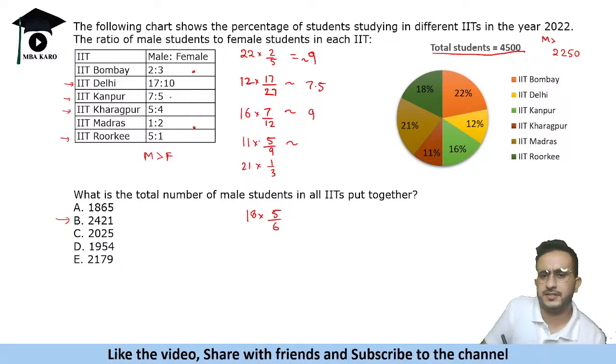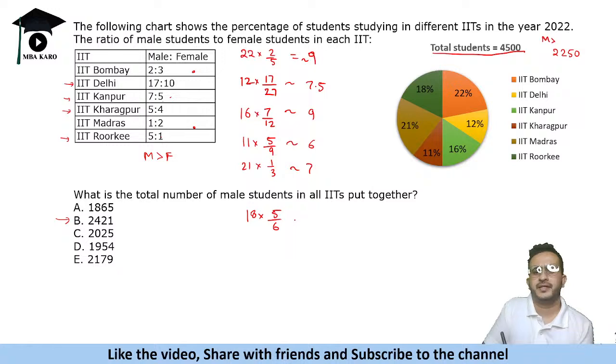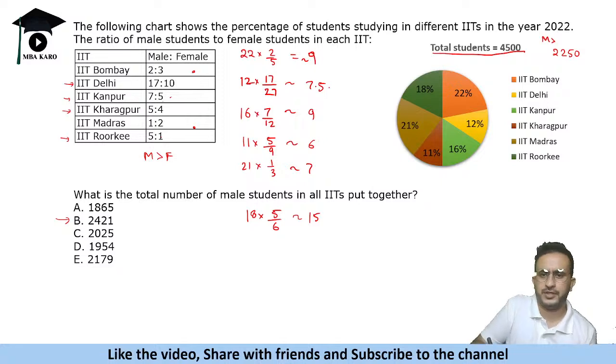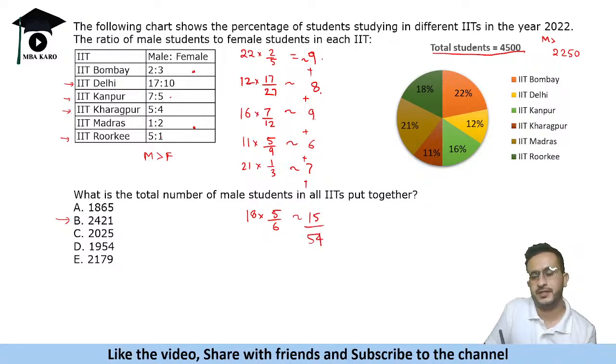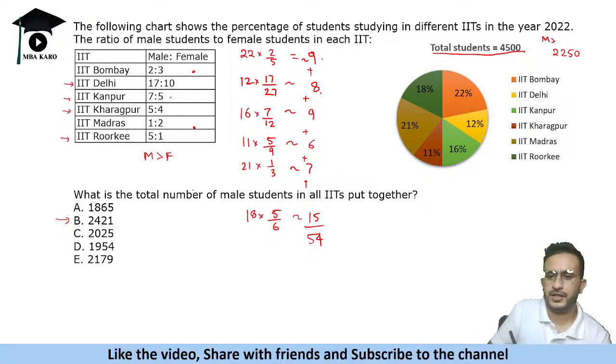And this is 11, 55 by 9, 6%. This is 7. 18 into 5 by 6 is 15. So thoda bahut plus minus 1-2% might go up and down. Okay, so 16. So we can convert it to 8 also and see 17, 26, 32, 39, 54. Right, we got 54%, which is more than half, right? So this is the only option that works.